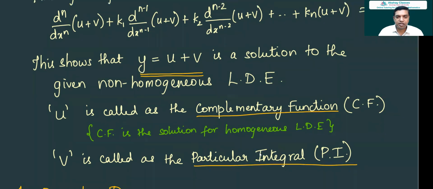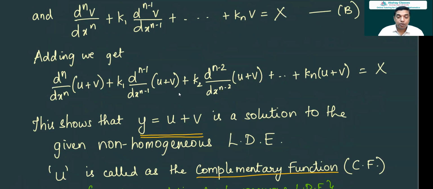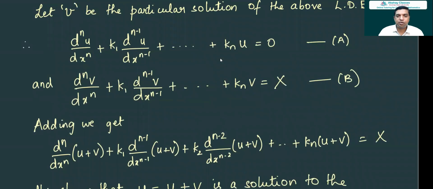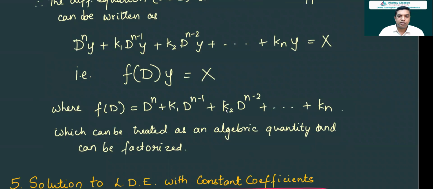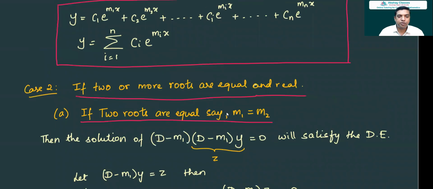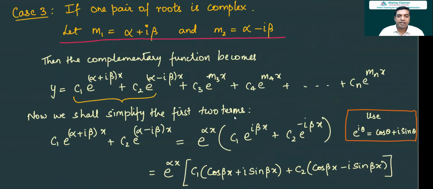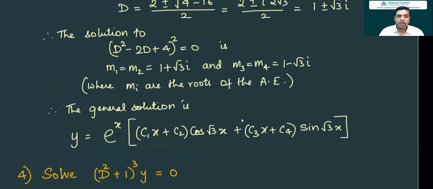And the second is called the particular integral, which is the exact function that will satisfy this particular linear differential equation, the non-homogeneous part. So we need to find methods to find the particular integral.